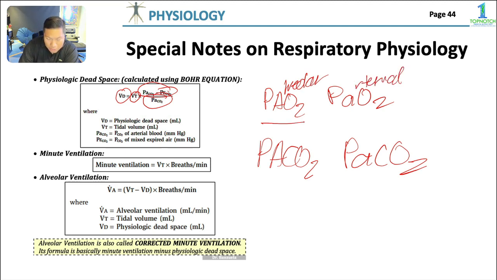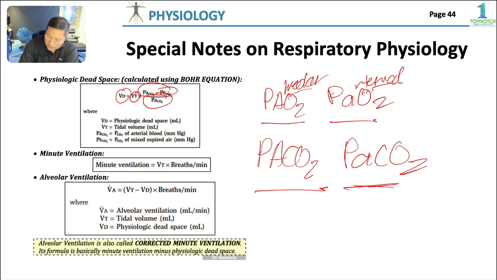So, alveolar PO2, arterial PO2. Oxygen concentration in the arteries, oxygen concentration in the alveoli. Partial pressure of oxygen in the arterial or alveoli, yan yung mas proper term. PaCO2, arterial PCO2.